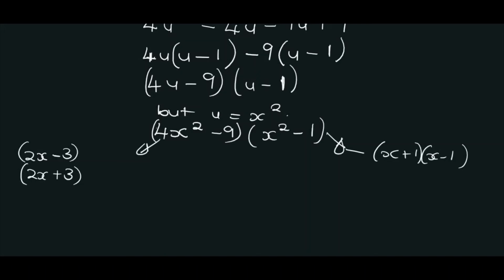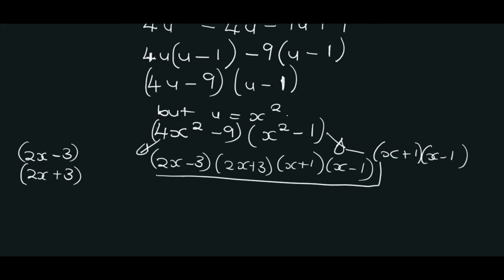Okay, so the final answer will be 2x minus 3 bracket 2x plus 3 bracket x plus 1 bracket x minus 1. So this will be the final answer for this question.